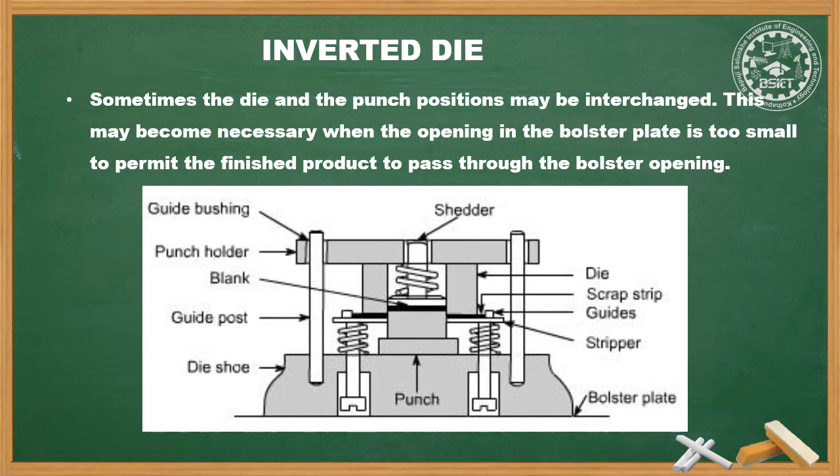On the upstroke, the opening of the die and the stripper forces the scrap strip off the punch. This type of die is used to remove complicated shapes or where the product to be removed is a wastage.